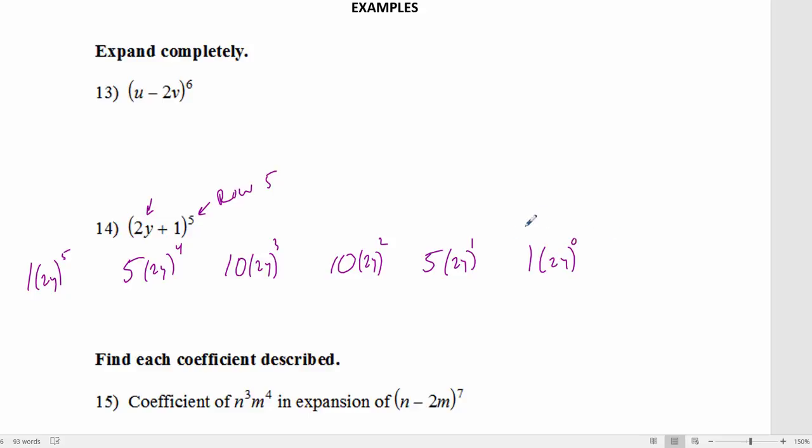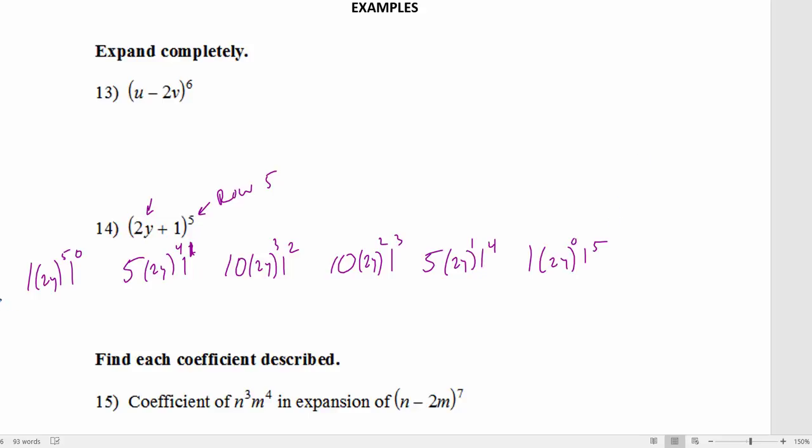If you think about it, you actually don't need to write the 0 powers because they just turn into 1 anyway. Once you get really good at it, you won't have to write that. So then, now I start with my 1. I'm going to start here, and this is 0, and I'm going to work my way up. So 1 to the 0, 1 to the 1 power, 1 to the 2, 1 to the 3, 1 to the 4, and 1 to the 5.